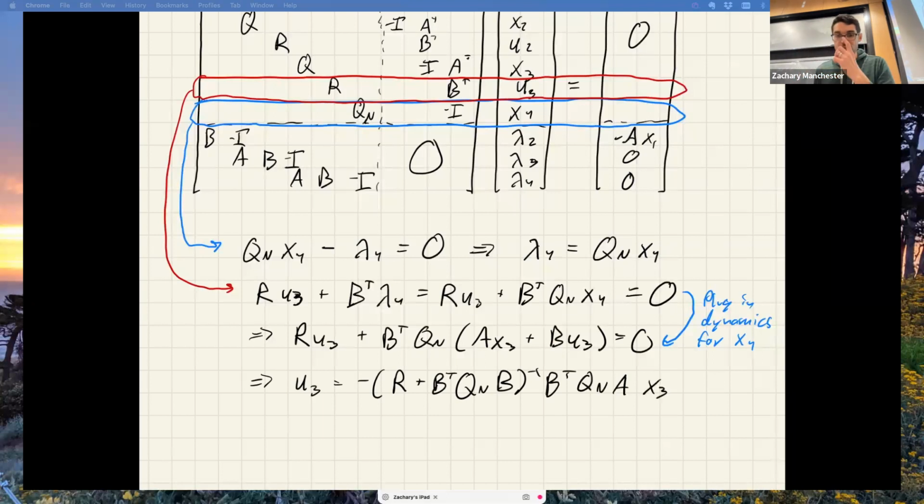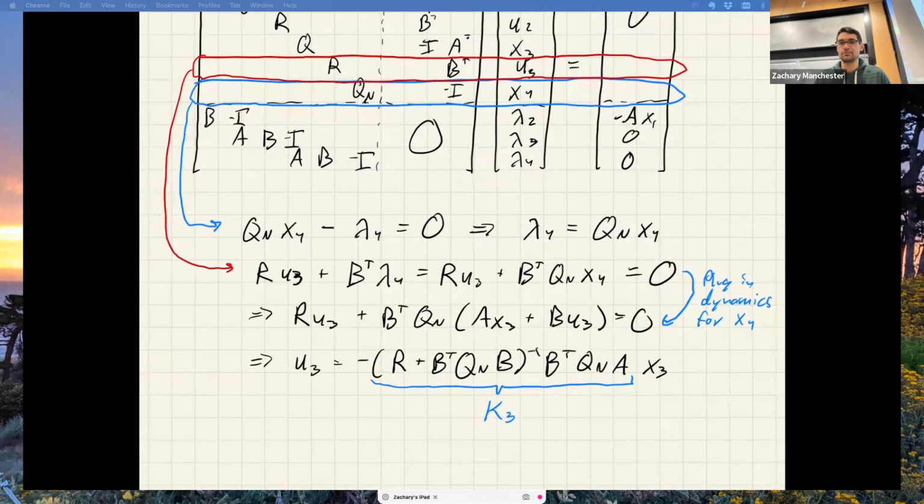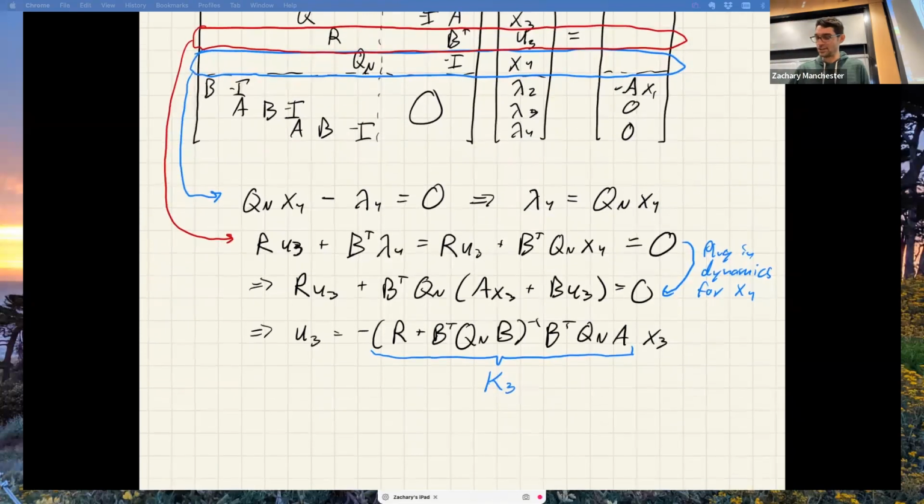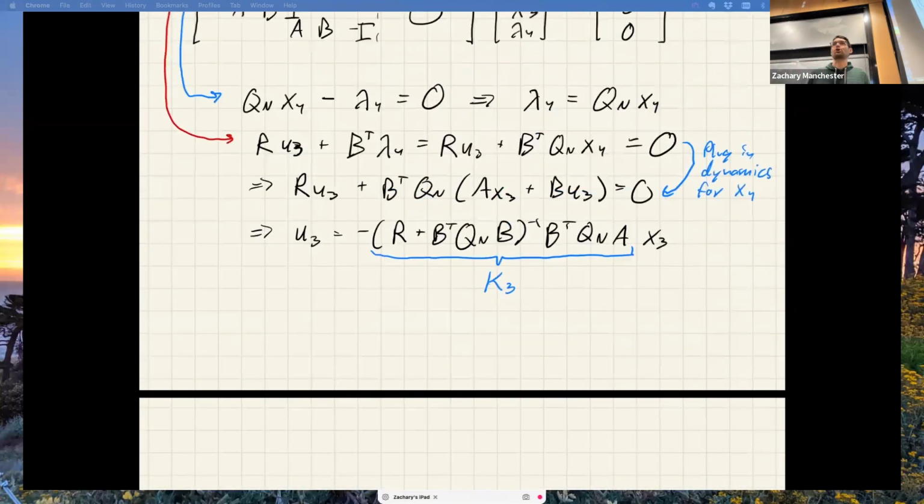Okay, this is interesting. I'm going to take this big matrix thing in front of X3, and I'm going to call this matrix K3. All right, so now, it may not be obvious yet, but we've actually bootstrapped a recursion.